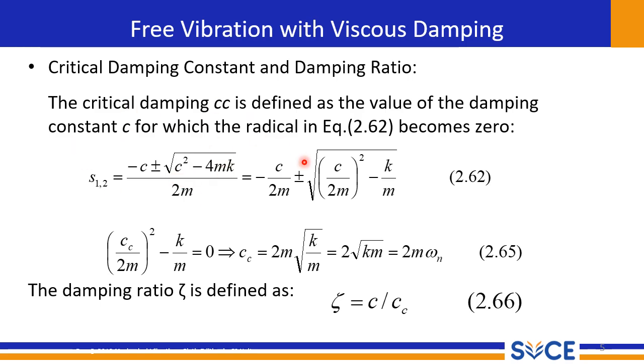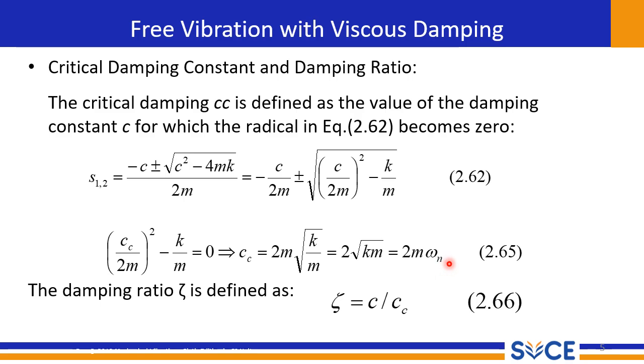As equation 2.65 shows, setting the discriminant to 0 allows us to solve for Cc. We find that Cc equals 2 times the square root of the product k times m, which can also be written as 2m omega n, where omega n is the undamped natural frequency.